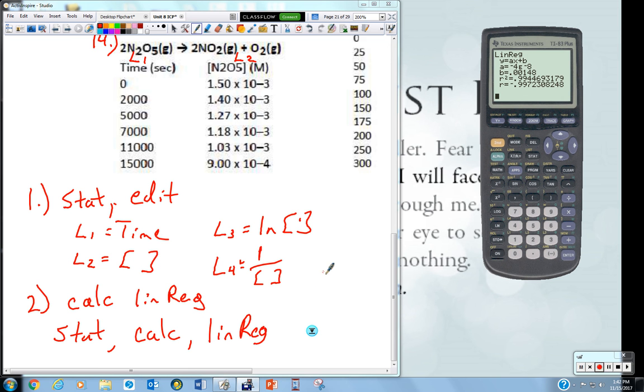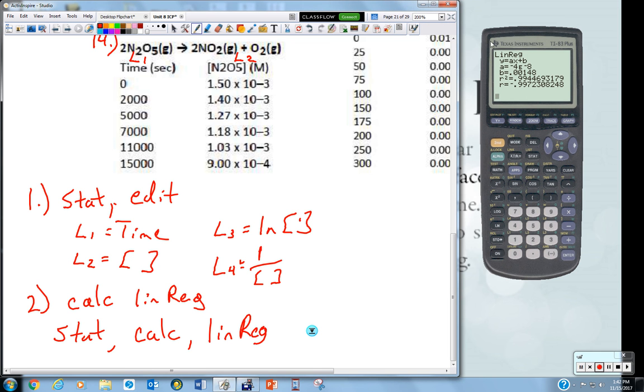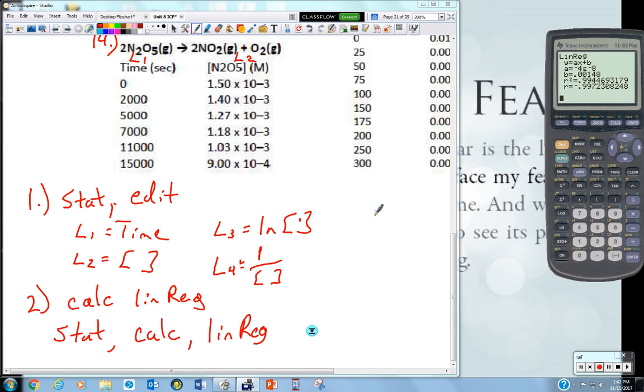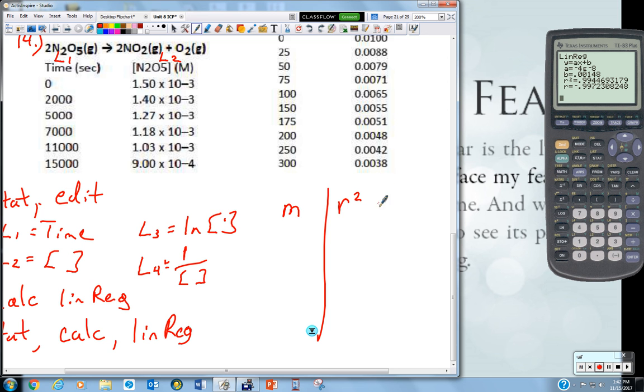But what I want you to write down on this is you're going to have a column for slope, a column for R2, and a column for order. I want you to do it for all 3 orders.